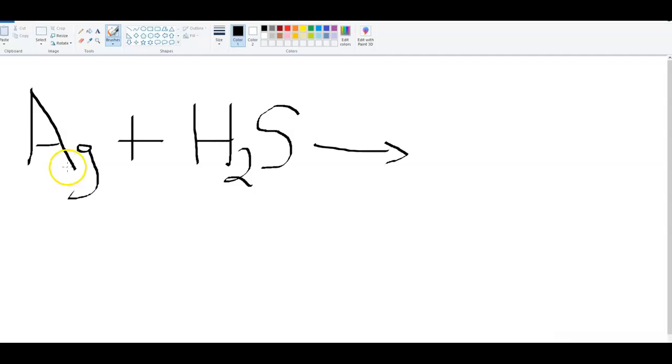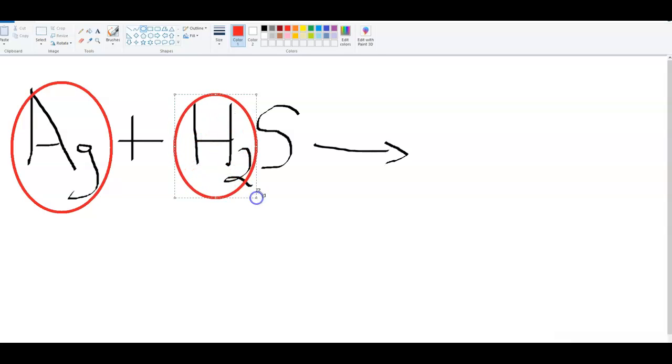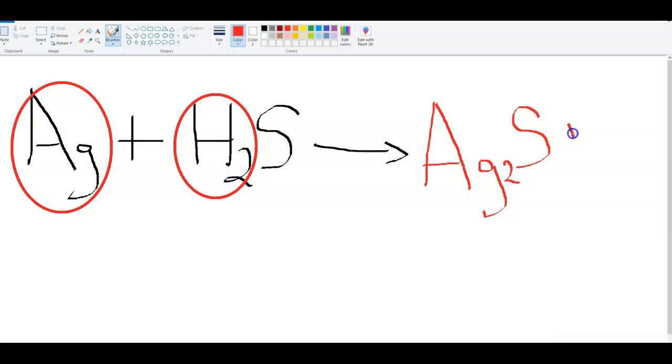And then when silver reacts with this, what happens is that the silver will replace hydrogen. Now, at the end of the day, you're going to have silver sulfide. So I'm going to put a 2 right there. Plus hydrogen gas. So hydrogen gas is released. So that's what happens during that reaction.